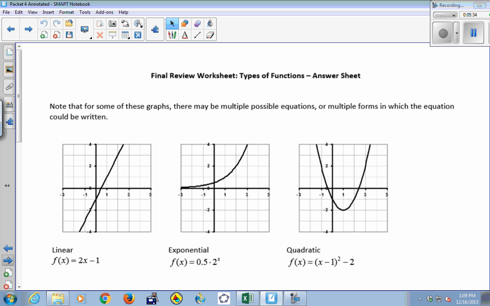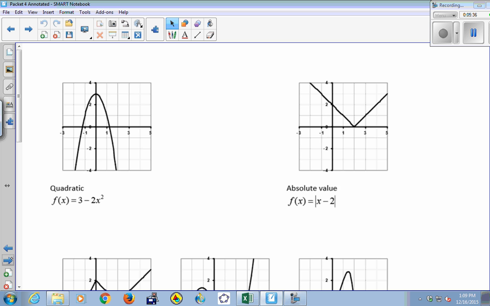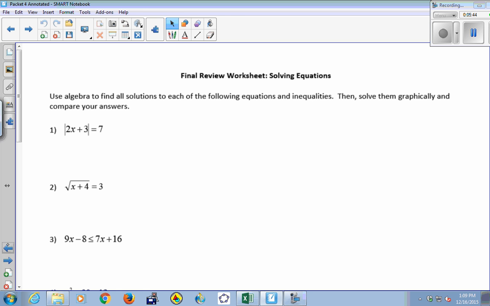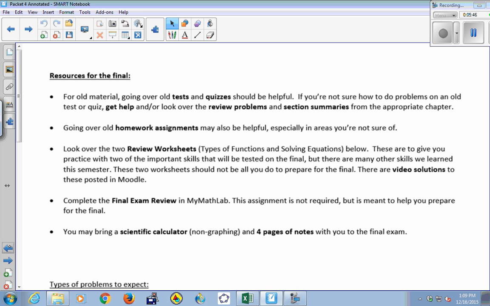You have the answers to everything. In addition to the answers, you also have solutions of all of these being solved in a video, and the video is posted in Moodle. So if you go to Moodle, there'll be video solutions for all those. If you're studying over the weekend and you're stumped on something, you can watch the video.